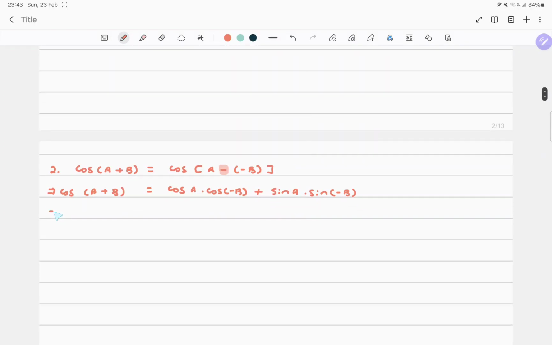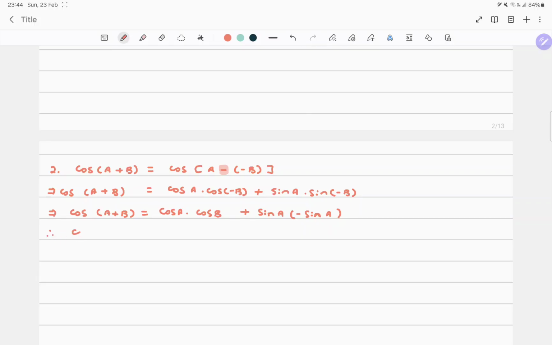Alright, so this also implies that cos(A plus B) is equal to, this is still cos A times cos of a negative angle, which is just positive there, plus sine A, but sine of a negative angle is minus sine B. Okay, so what do we do there?